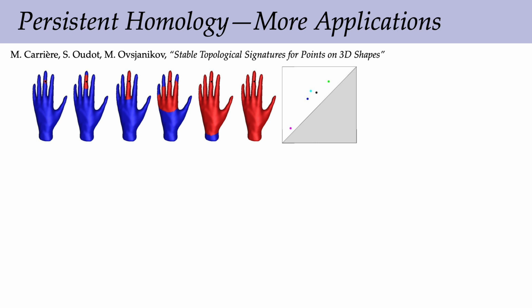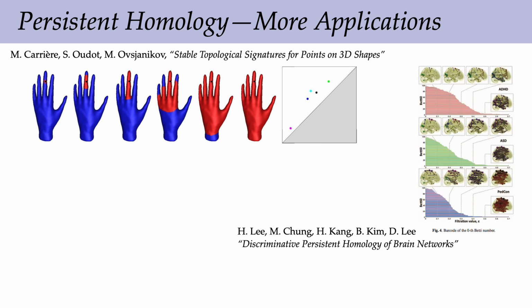If you now go to another hand and measure its signature and it has the same kind of persistence barcode, you can say, aha, I bet that's a point on the middle of the middle finger. Okay? And people play similar games to understand, for instance, the network of neurons in the brain, helping to discriminate between healthy brains and brains with some kind of perhaps debilitating disease.